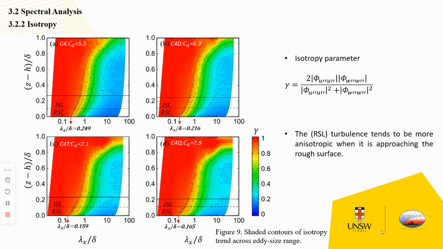And another thing is that we focus on the large wavelength region: as the drag coefficient increases, the isotropic tendency increases, so RSL turbulence tends to be more anisotropic when approaching the rough surface.